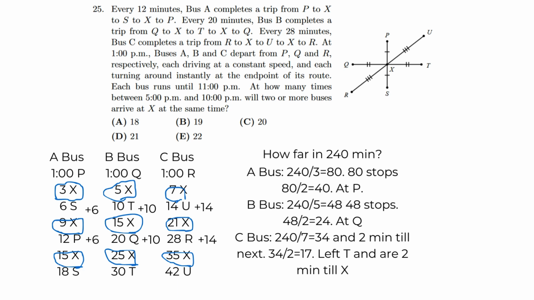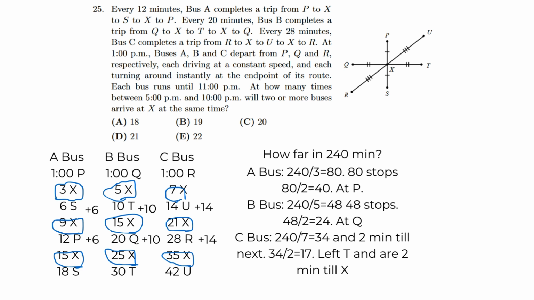Bus A completes 80 stops, as 240 divided by 3 minutes each takes is 80. So which is the 80th stop? The pattern repeats every 4 stops.